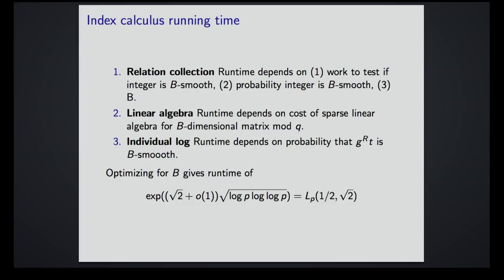And the individual log depends on the probability that you can find some new modified target that is b-smooth. If you optimize for the right value of b, you get a sub-exponential running time, so it has this L notation. It's exponential in some constant factor, which here is square root of 2 plus little o of 1, and then it is square root of log p log log p. So that's this 1/2 here. This is an L of 1/2 algorithm.